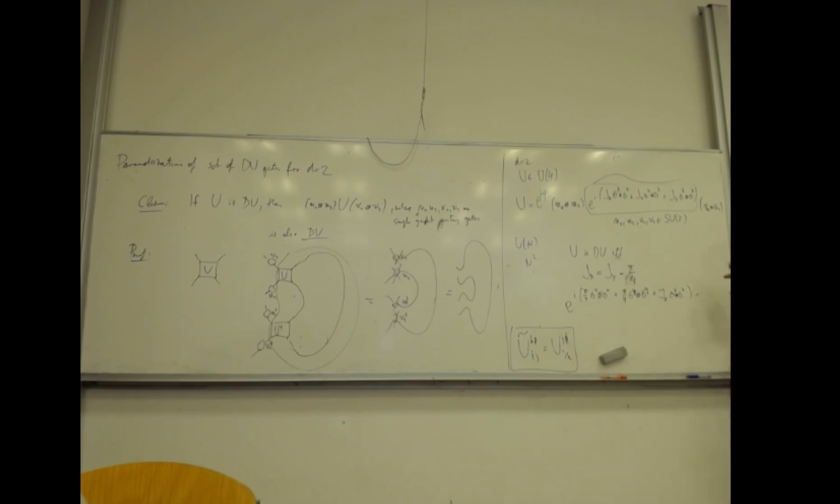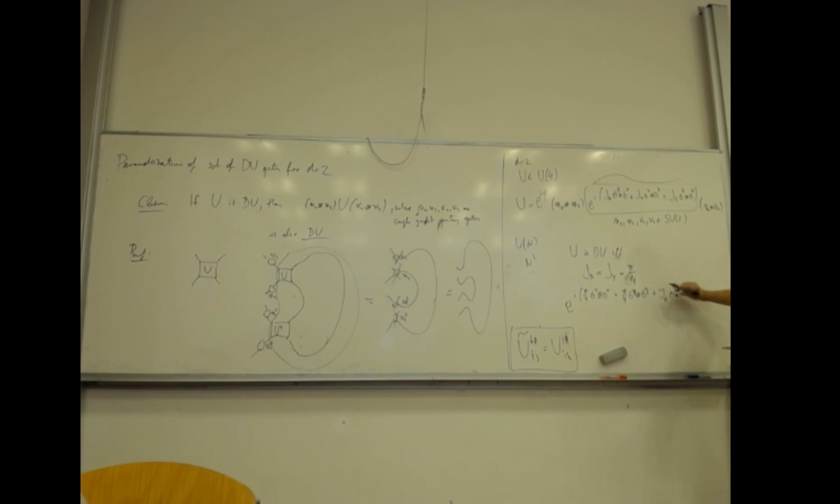This gate can be dual unitary if these two parameters, that is Jx and Jy, are equal. So it's a special case of an integrable anisotropic Heisenberg circuit, an XXZ circuit. And if you take one of the coupling constants pi over 4, it becomes, as I say, very close to a swap. It's a small modification of a swap.